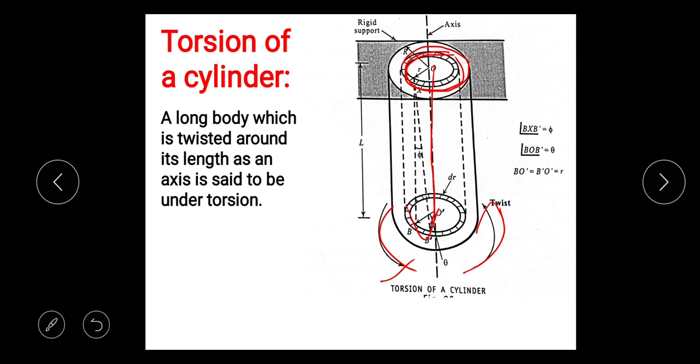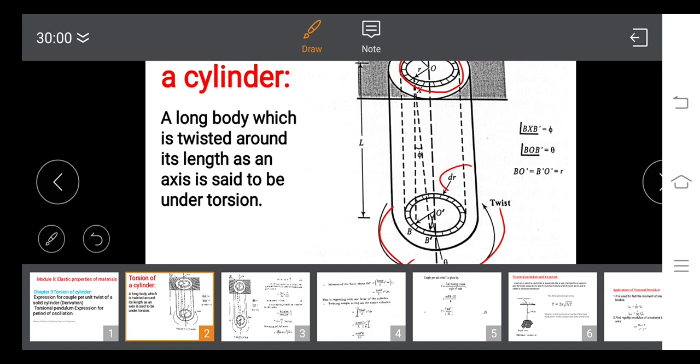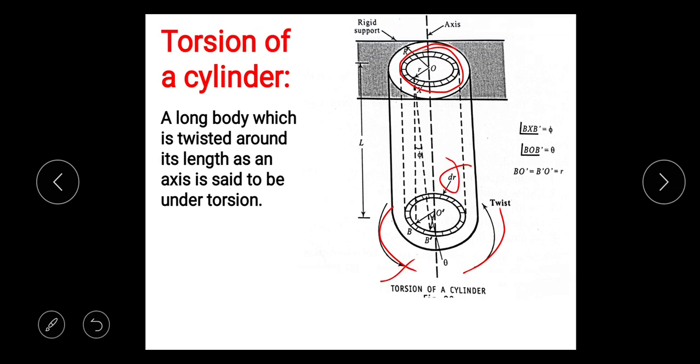Let us consider one concentric circular layer of radius r. What I have shown now is the same concentric layer of radius r and thickness dr. Consider a point X here. This is that point X on the top.